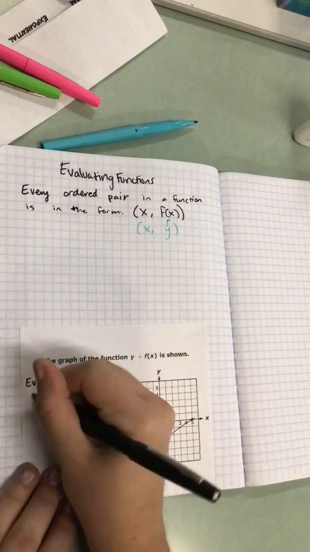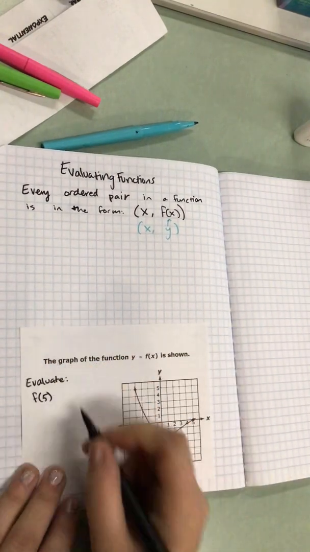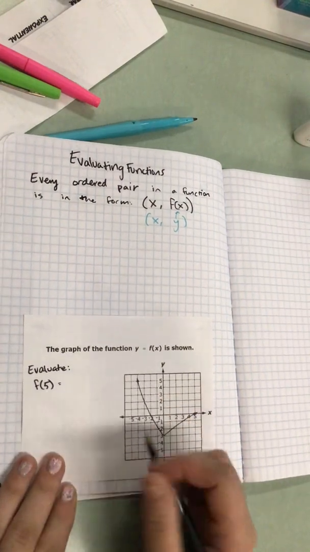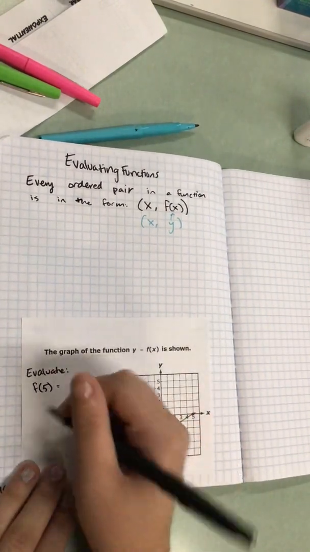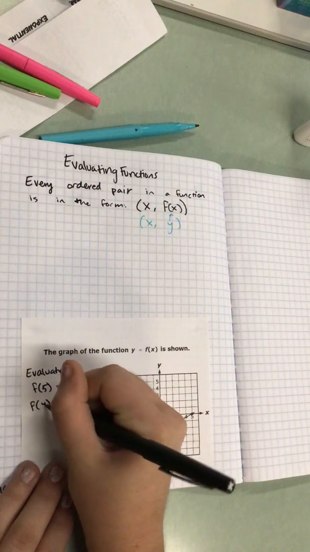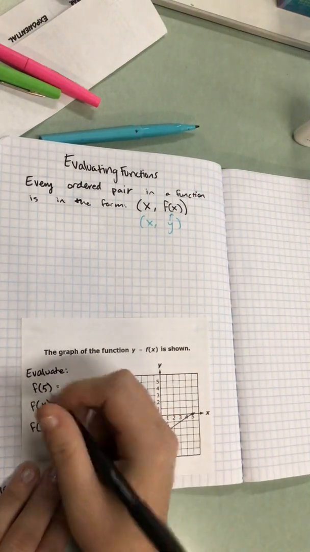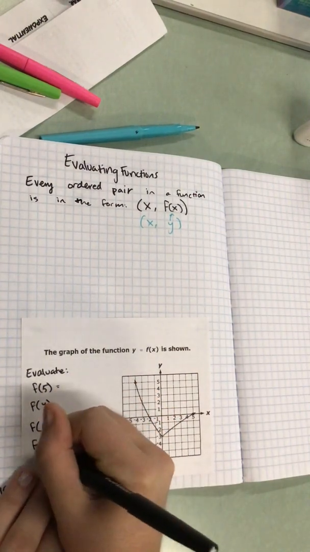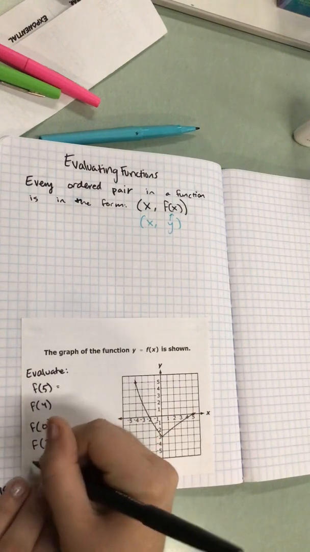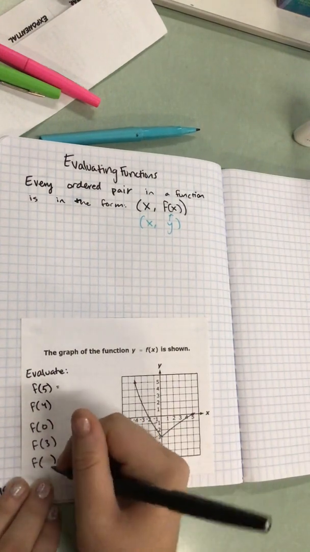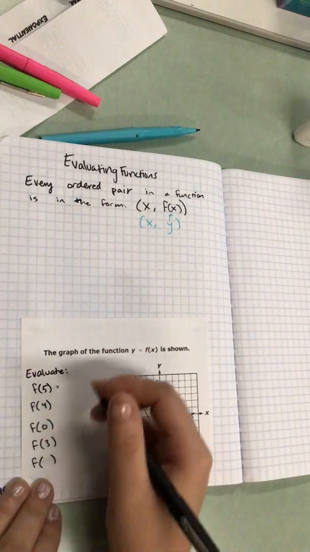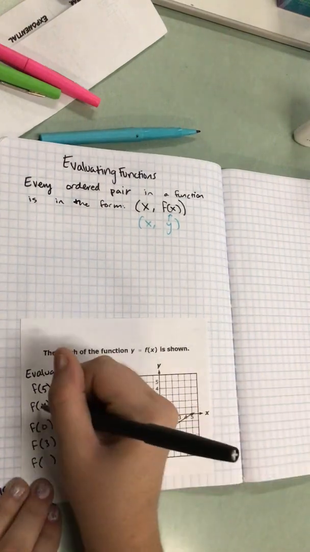I want you to evaluate f of 5, meaning what happens to the y value when x equals 5. We're going to go f of 5, f of 4, f of 0, actually, let's do f of negative 4.